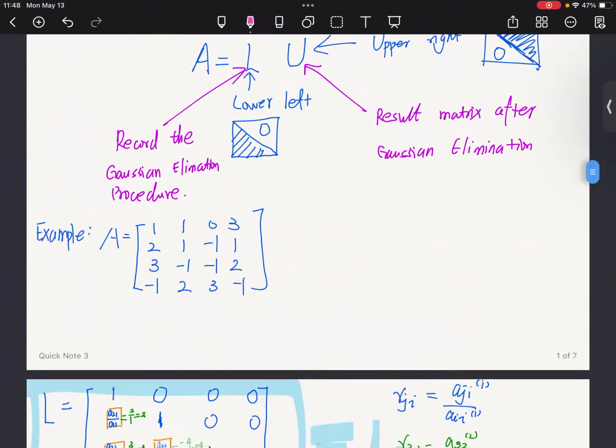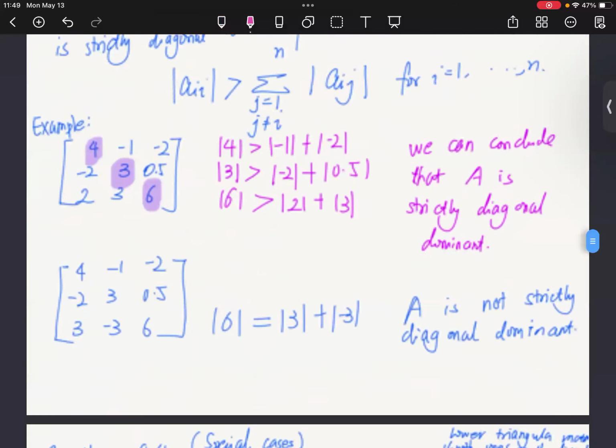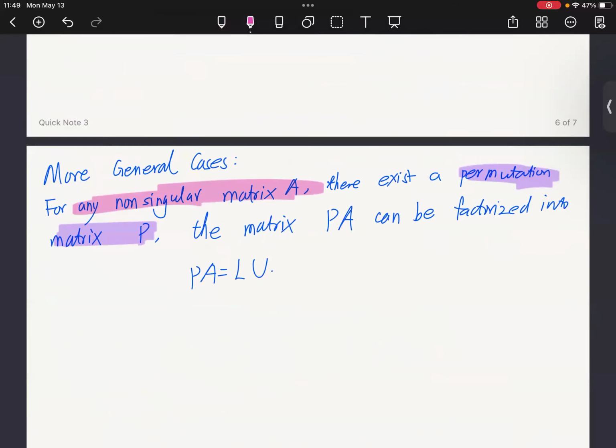For the Gaussian elimination, you have some permutations in between, right? In step 2 and then step 3. Do you remember that? Before you do the actual row elimination, you have step 2 and step 3 to choose the correct row and then do some row exchange there. And actually in linear algebra, you can express this row exchange, row permutation, by a matrix.